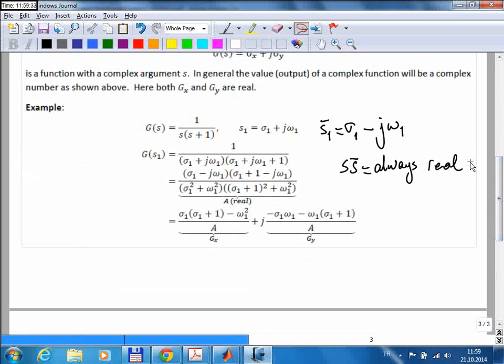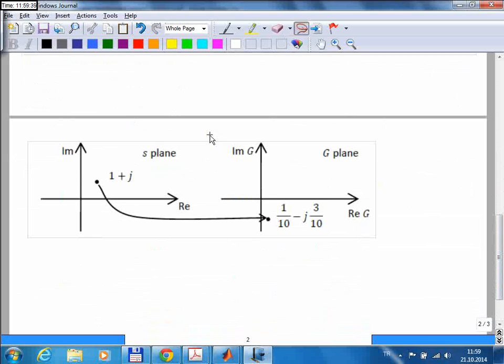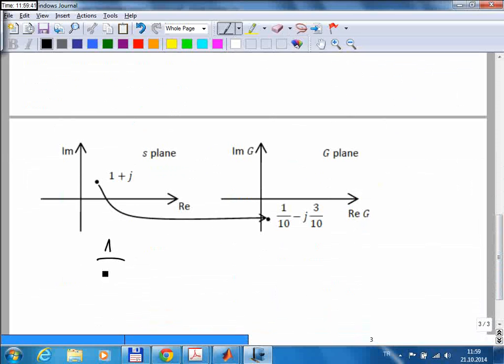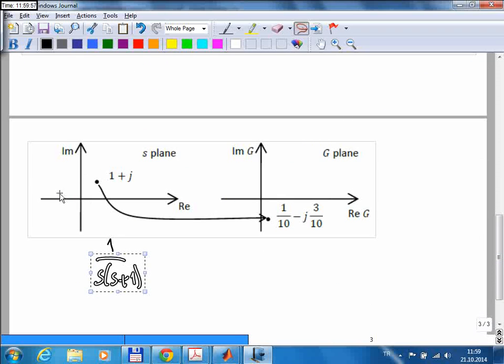We're still talking about this function, 1 over s times s plus 1. If you feed this number into this function, the output of the function is this point. So this function maps every point on the left plane to another point on the right plane.